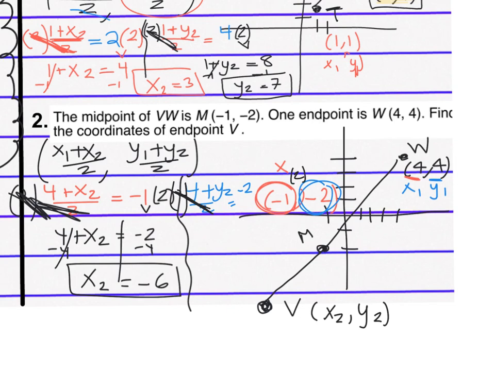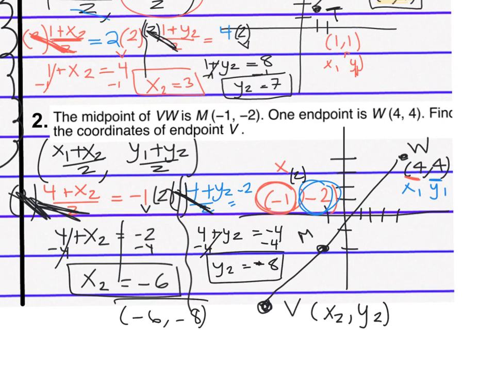So I end up with 4 plus y2 equals -4. Minus 4, minus 4, y2 equals -8. So my answer is (-6, -8), which seems good since it is way down here in the negatives.